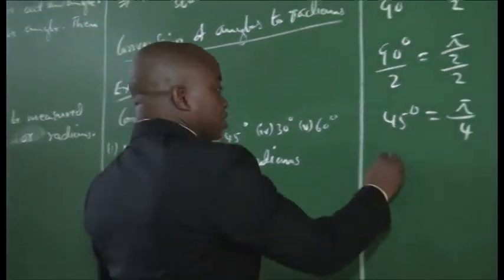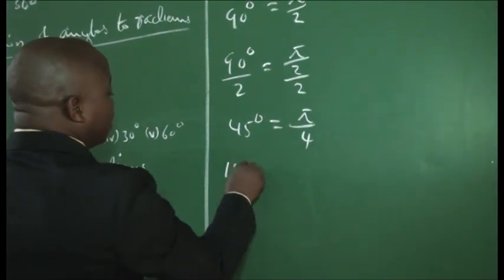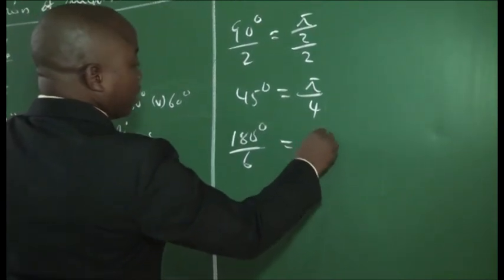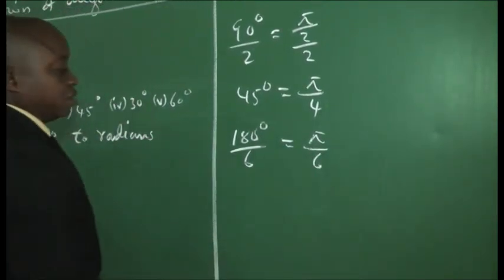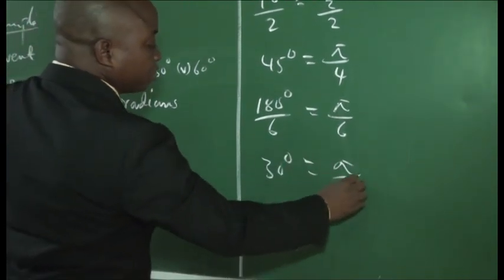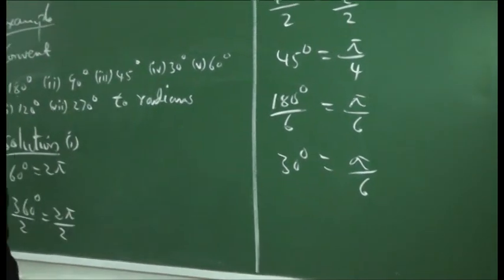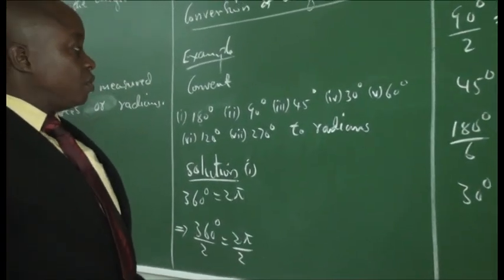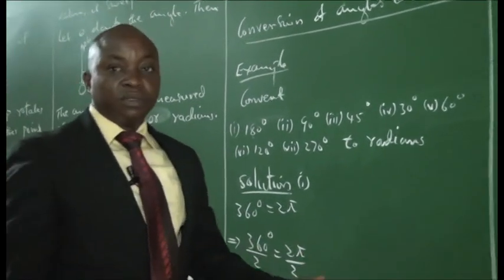So what I will do is say 180 degrees divided by 6 equal pi divided by 6. Now 180 divided by 6 gives me 30 degrees. That shows that 30 degrees is pi over 6. So this is how we convert.